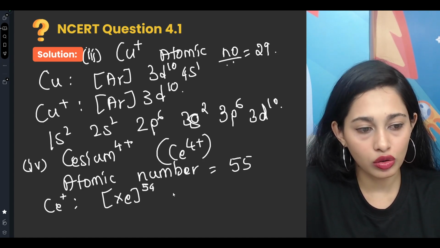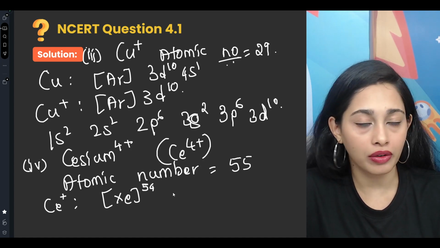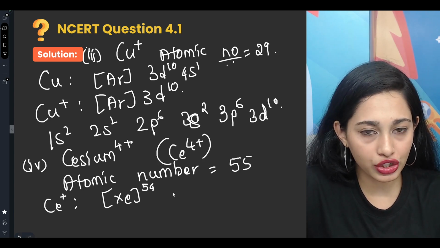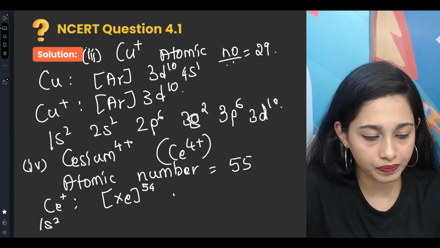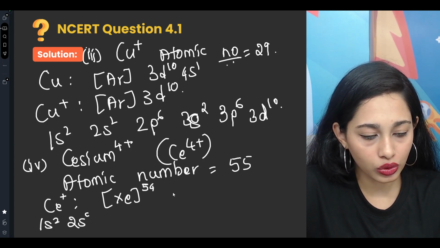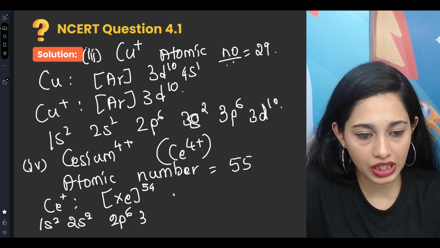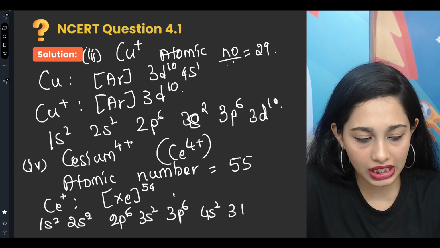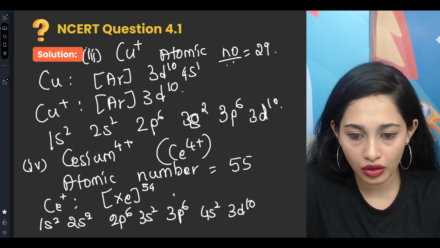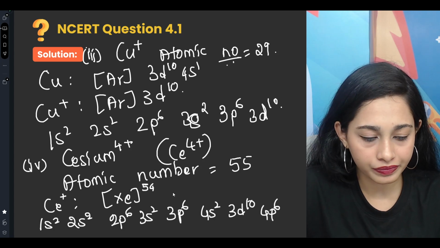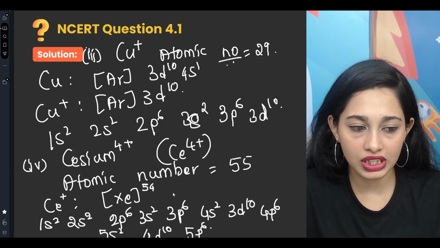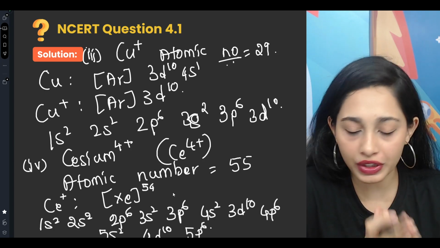So the electronic configuration will be 1s2 2s2 2p6 3s2 3p6 4s2 3d10, 4p6, 5s2, 4d10 and 5p6. So this is going to be the electronic configuration.